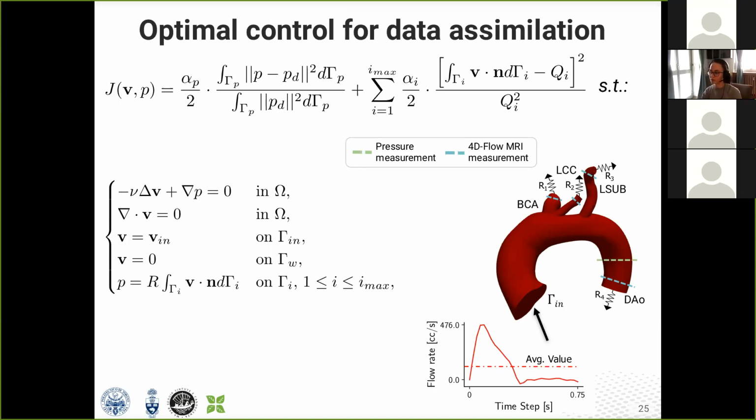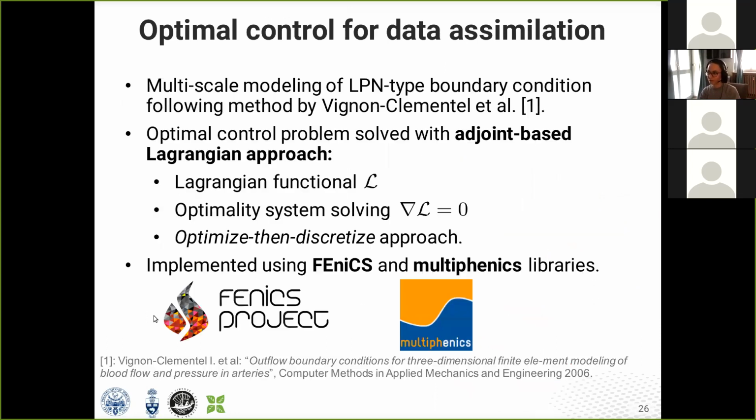So it had never been done with lumped parameter networks. So we took the method developed in this paper to do multi-scale modeling and connect the lumped parameter networks as outlet boundary conditions to 3D models of cardiovascular systems, and we built the optimal control on top of that.